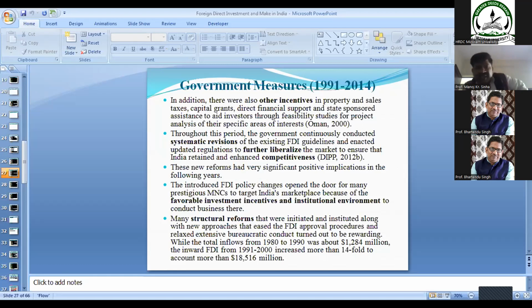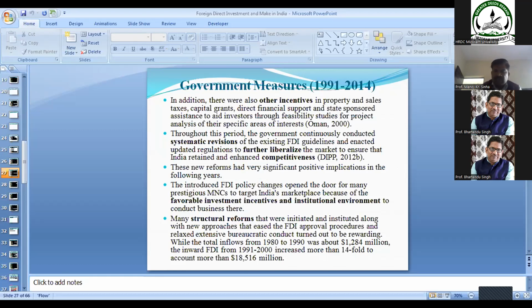India is considered a favorable destination for foreign investment because of the consistent liberalized policy followed by India. Many structural reforms were also introduced during this period.